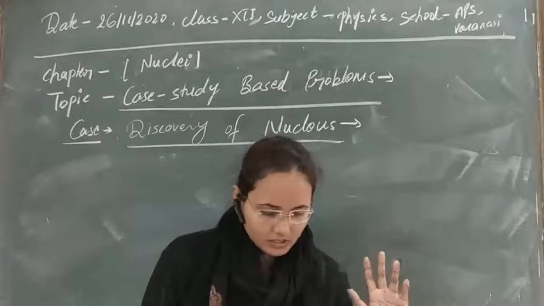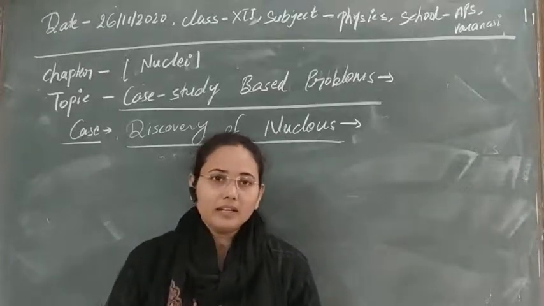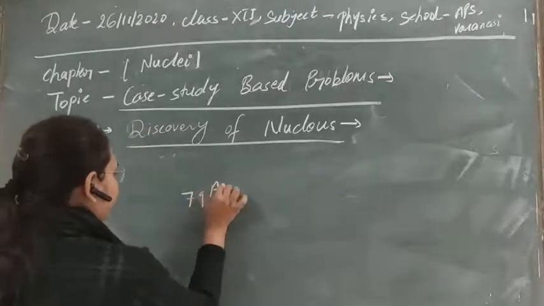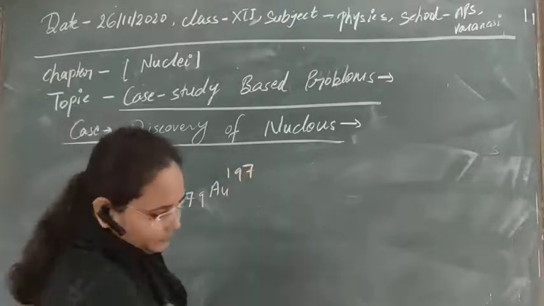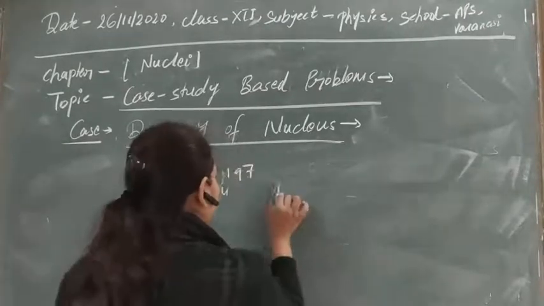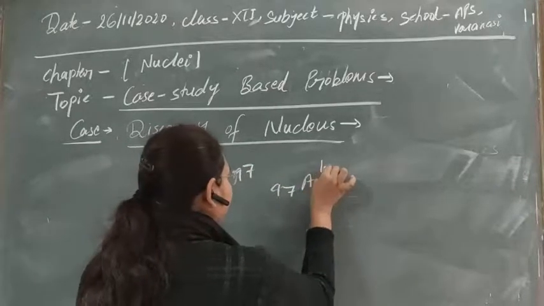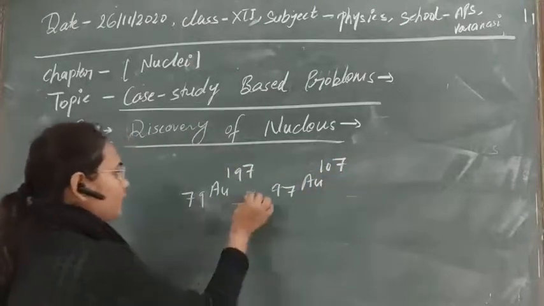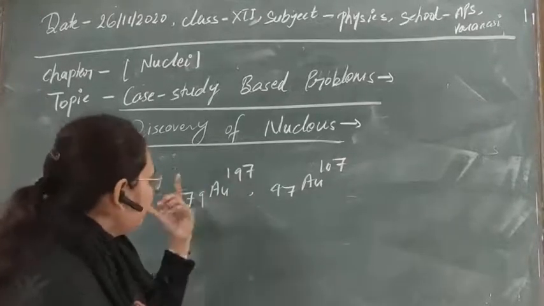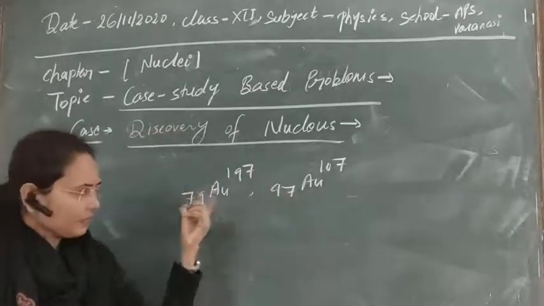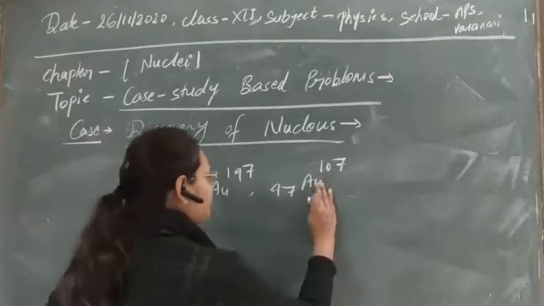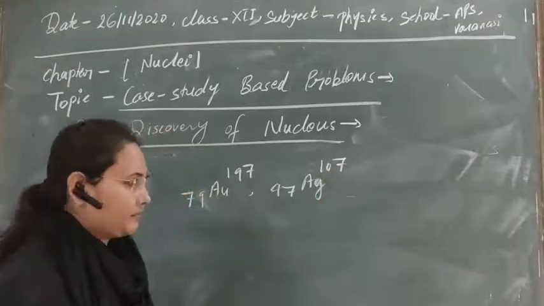So the next question is: find the ratio of the nuclear radii of the gold isotope, 79 Au 197, and the silver isotope, 47 Ag 107.